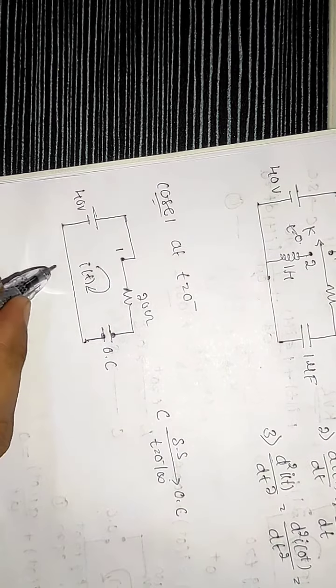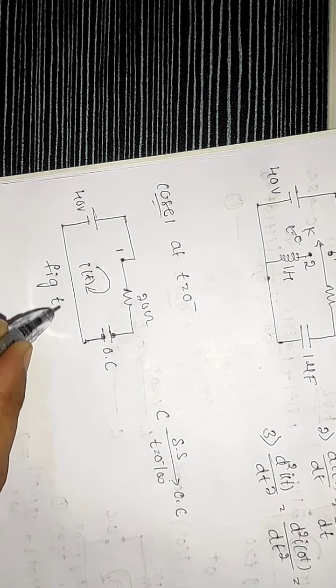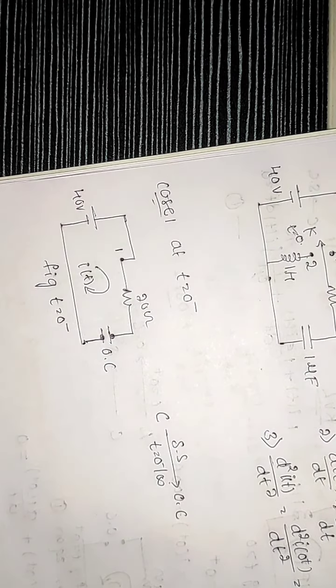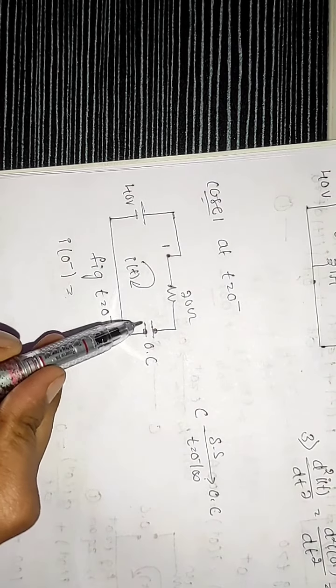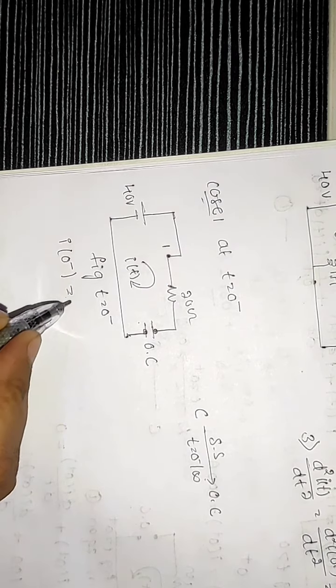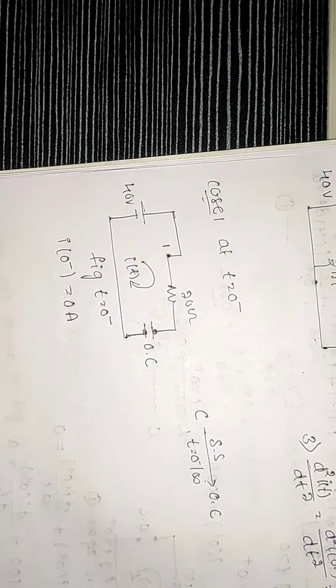This figure is for t equals 0 minus. Then the current flowing here is I of 0 minus, which equals 0 ampere, since the circuit is open.